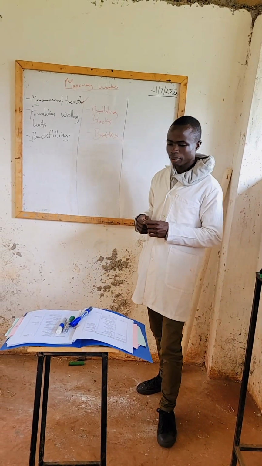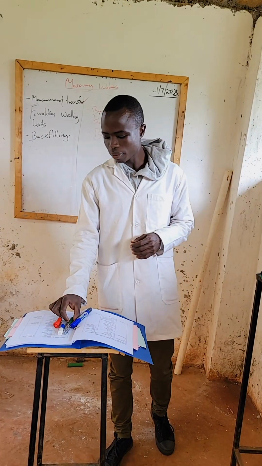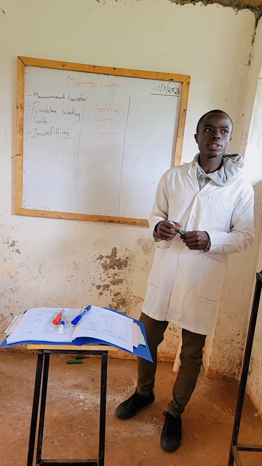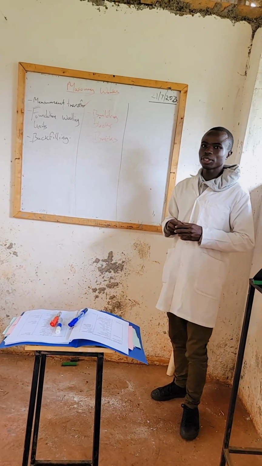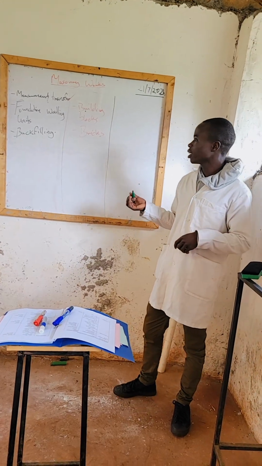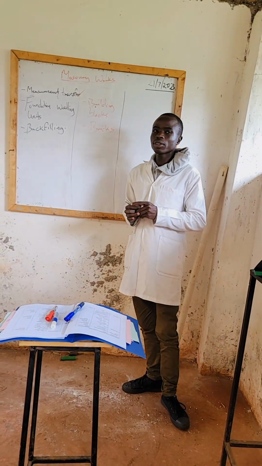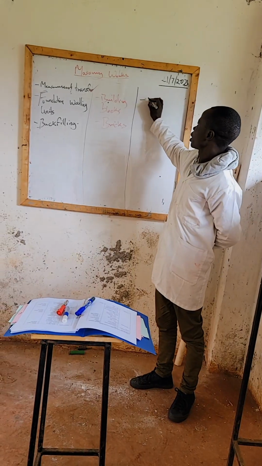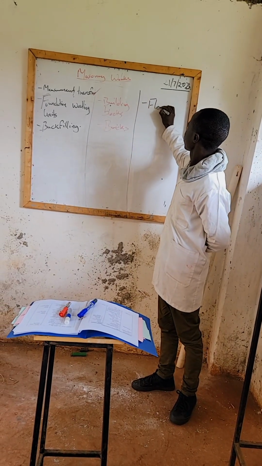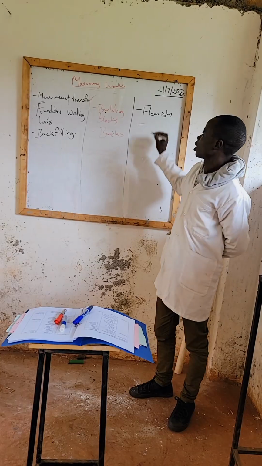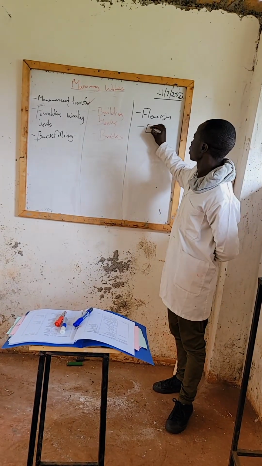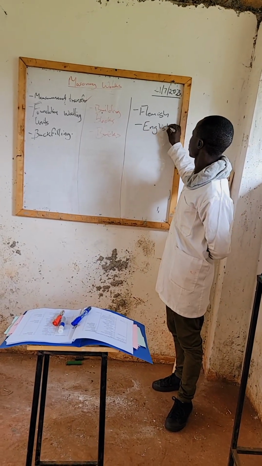And also there are various methods of bonding the foundation wall. One of the methods of bonding is the Flemish bond, and you also have the English bond.